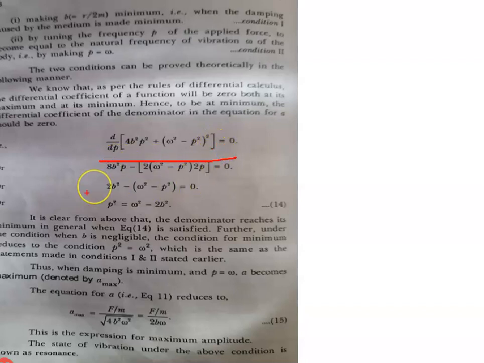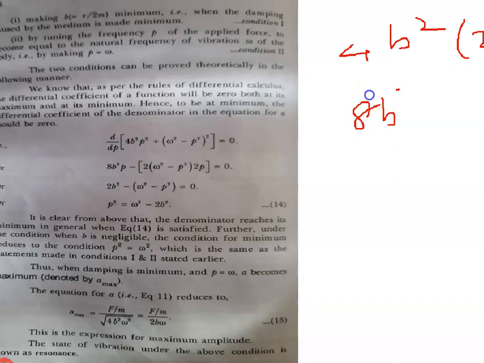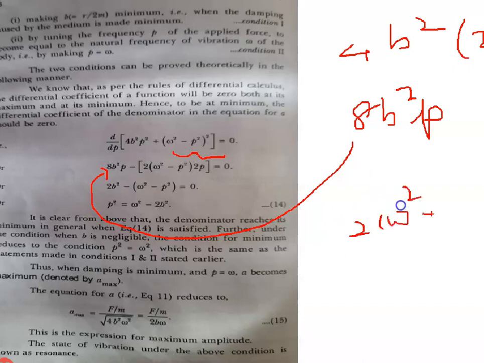You have to differentiate this equation with respect to p. 4b square p square, if you differentiate, you will get 2p, so you will get 8b square p. That's what you get in the first term. So what happens to this one? When you differentiate it, 2 times omega square minus p square, and again differentiating with respect to p, minus 2p.